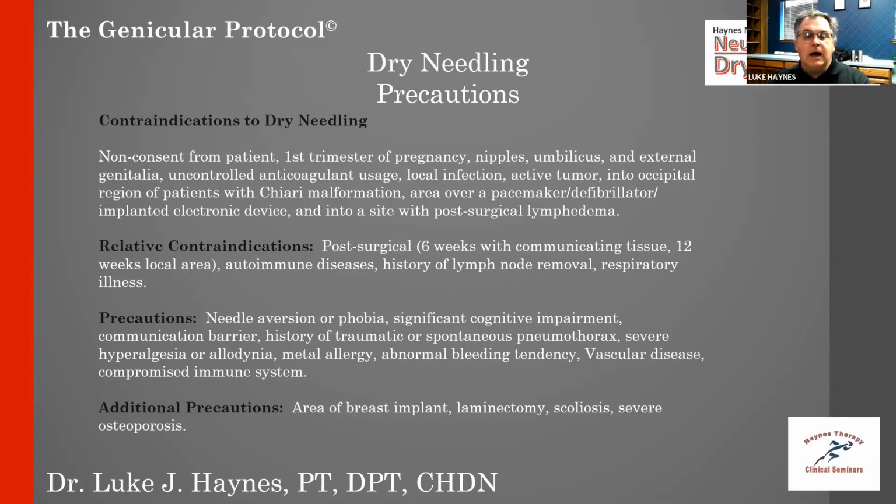The nipples, the umbilicus, external genitalia, and any uncontrolled anticoagulant usage, you want to stay away from. Also a local infection, an active tumor, and a person with Chiari malformation, where it is contraindicated to needle the suboccipital region, since we don't have a good idea of where that malformation is situated.